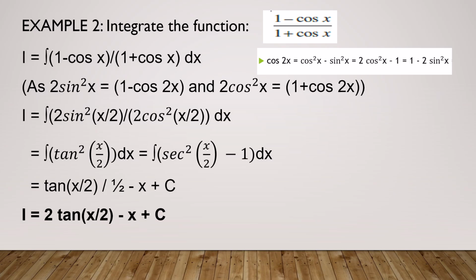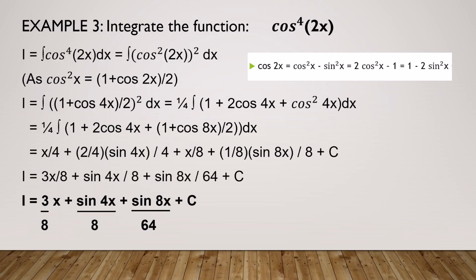Because we have the direct integral of sec square, which is tan. The integral of sec square x by 2 is tan x by 2 divided by half, since it is x by 2. Minus 1, integral is x. So the answer is 2 tan x by 2 minus x plus c.